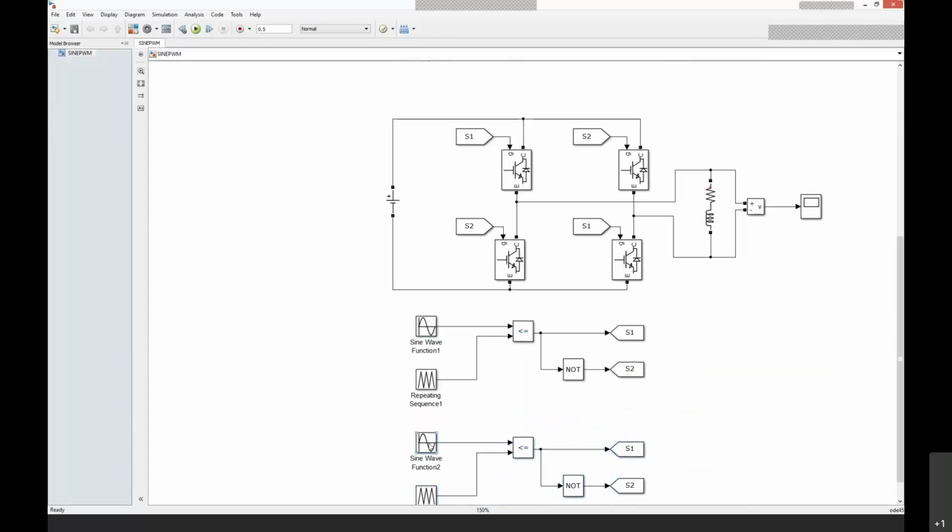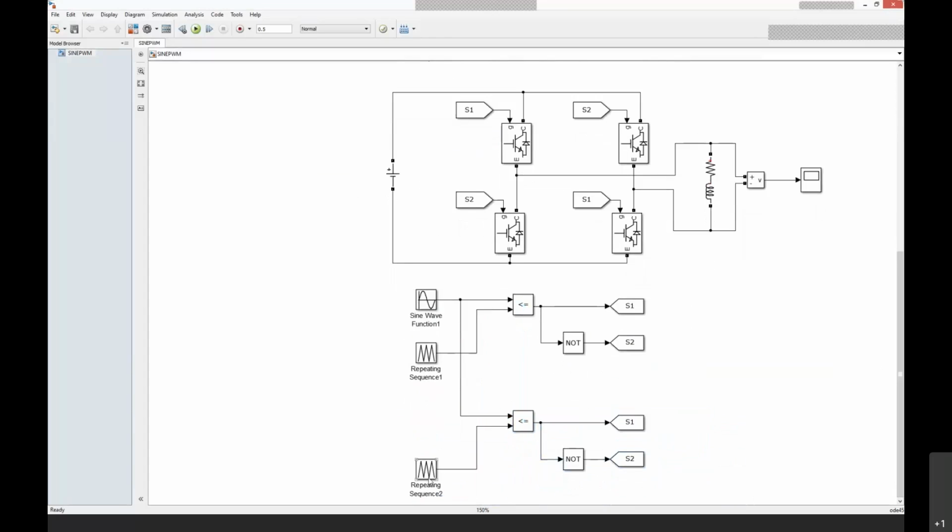Right. So here, in this case, I just consider one modulating signal and two carriers. One modulating signal means this is no longer required, so just connect this one. Here this carrier signal must be in phase opposition.